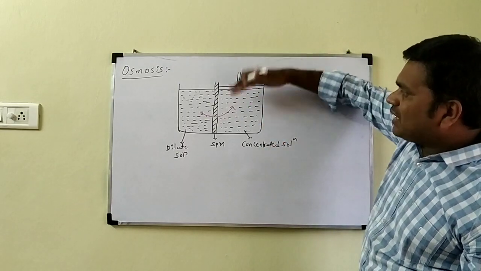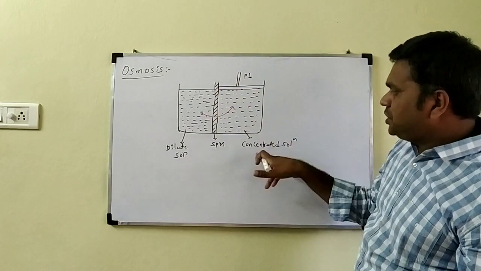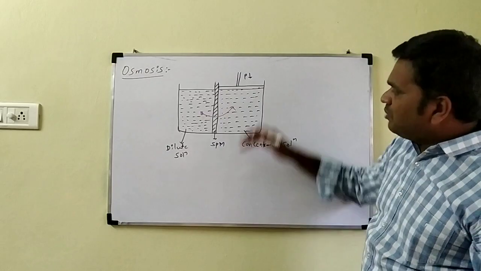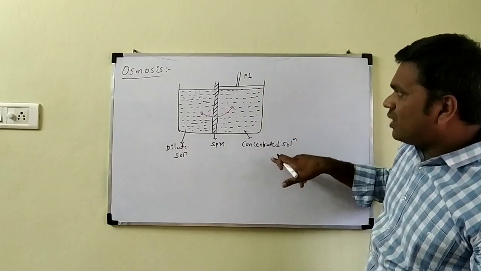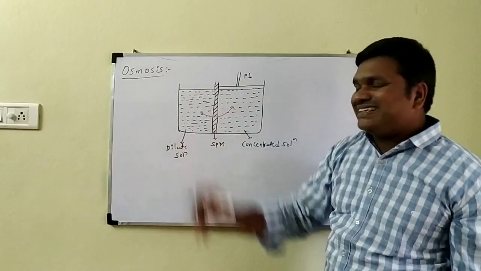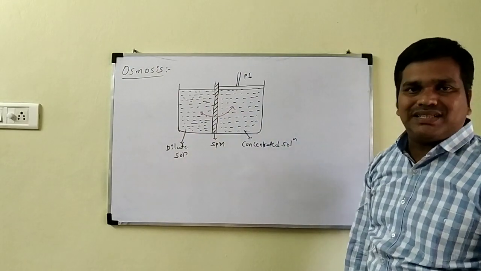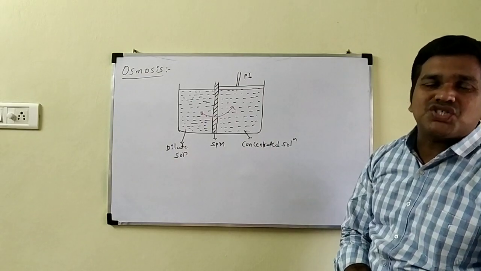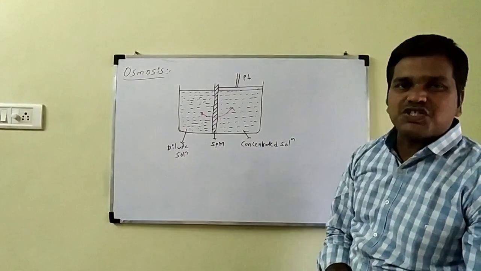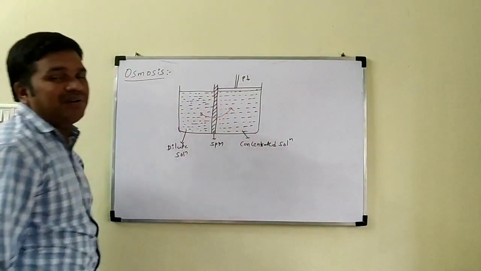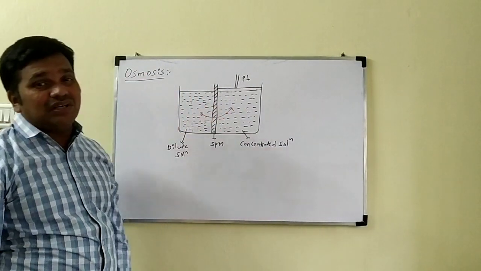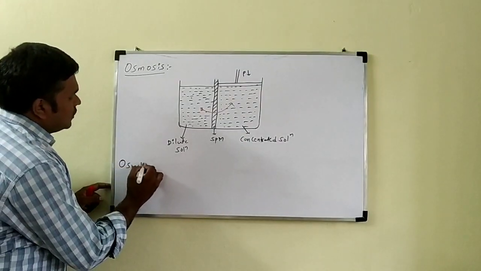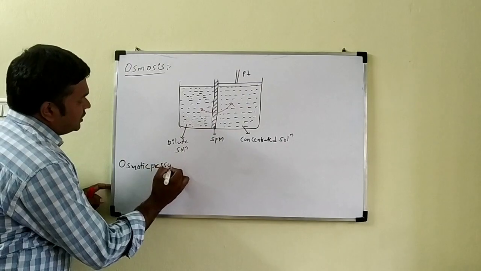Whenever you apply pressure on the concentrated solution, osmosis decreases. The pressure where osmosis stops is called osmotic pressure.